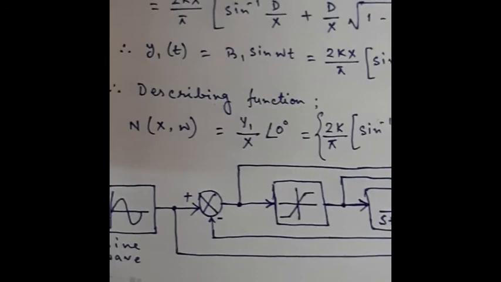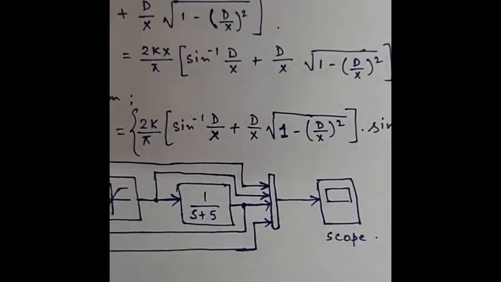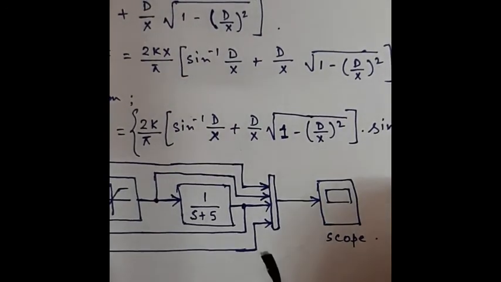Then there will be the transfer function block, then a multiplexer. This is a 4:1 multiplexer block, and this is the output block or scope. As there is a 4-channel multiplexer, there will be 4 inputs and 1 output.